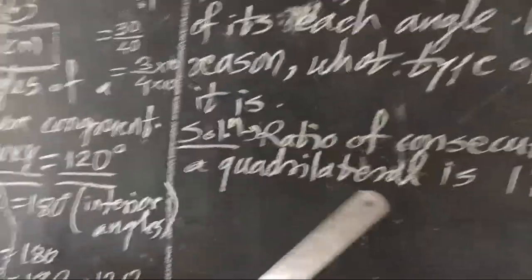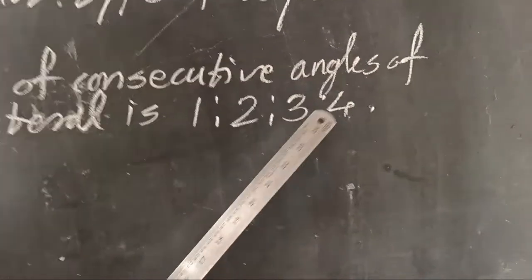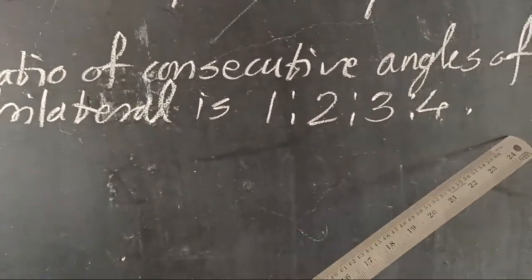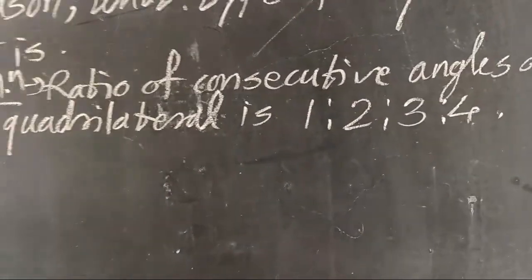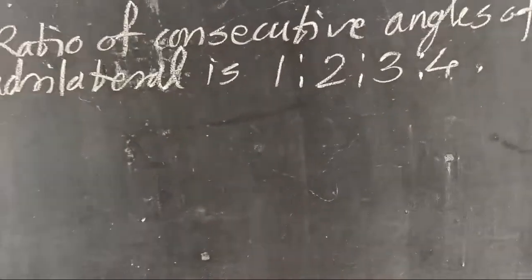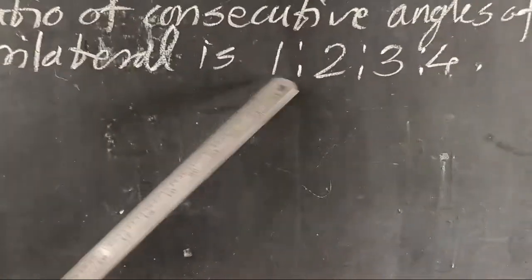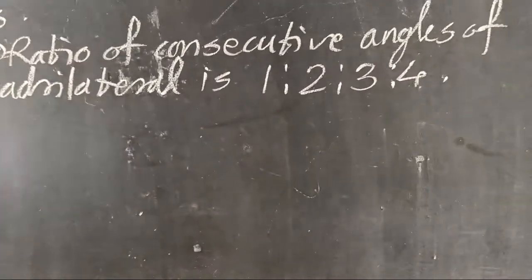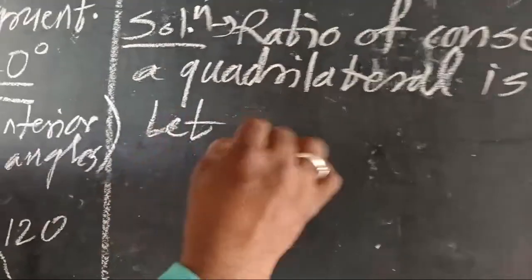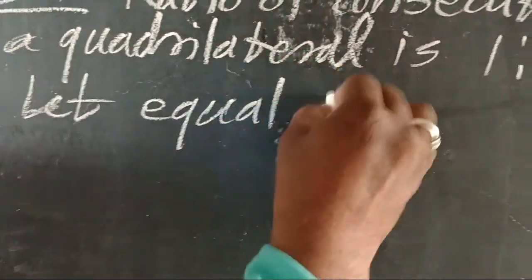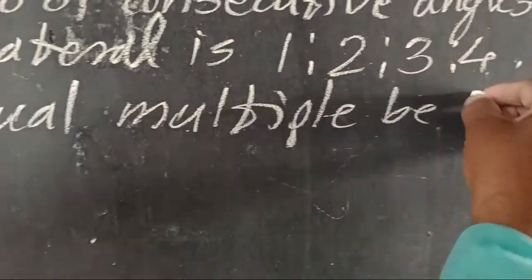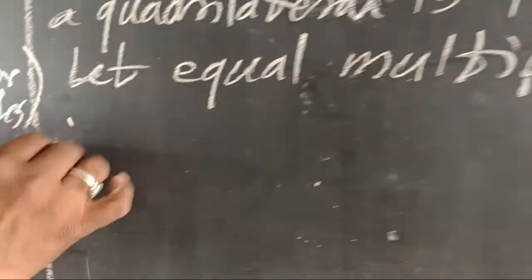That equal multiple, which number is it? We don't know which number is the equal multiple. We find out that equal multiple. Let the equal multiple be, suppose, x.